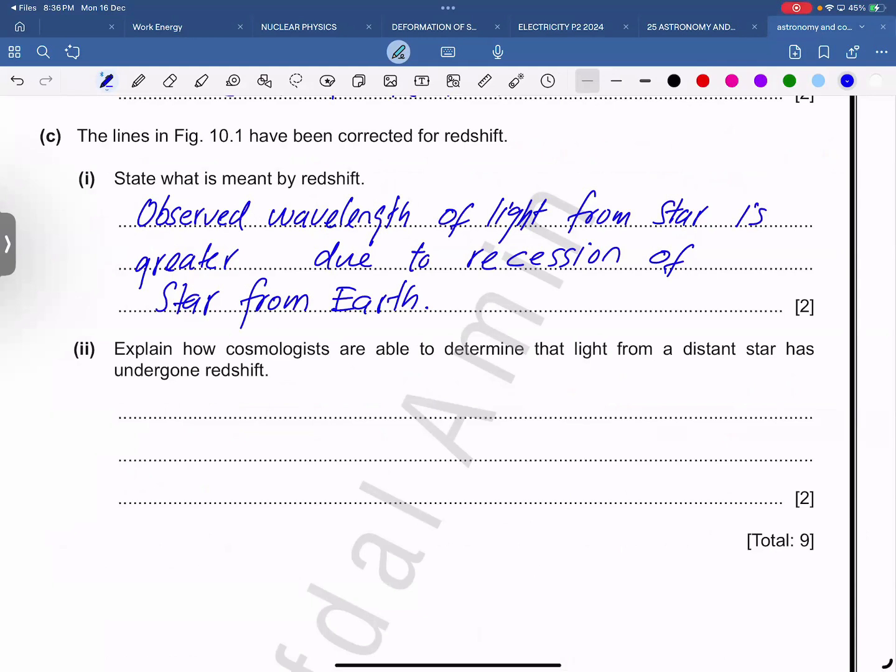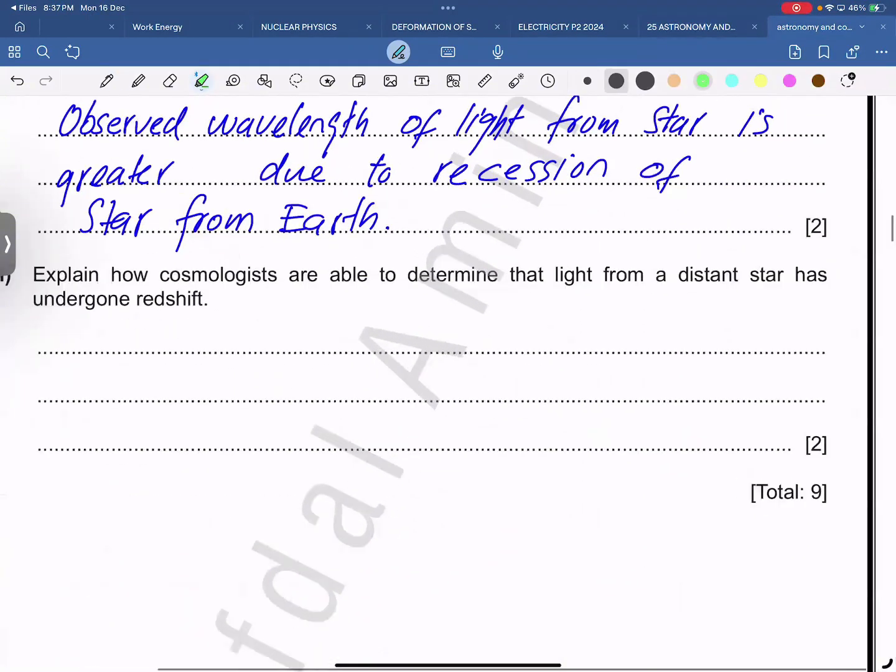How are cosmologists able to determine that the red light from a distant galaxy has undergone redshift?